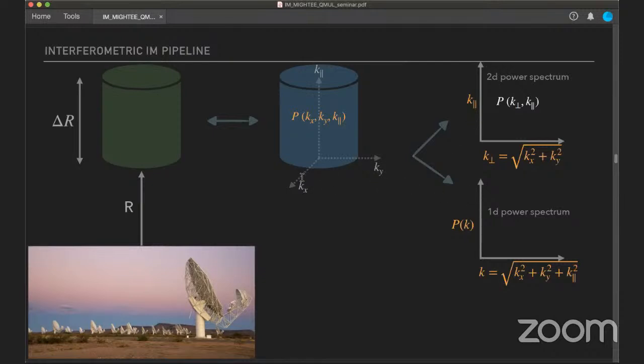For the 2D power spectrum, we take a circular average along kx and ky to form a single k perp, and show the power as a color plot. Or we can do a spherical averaging over kx, ky, and k parallel to make a single k vector, and show the 1D power spectrum as P(k) versus k. We present both to show various features of the power spectrum. That's the basic schematic of how we calculate the power spectrum from interferometric observations.